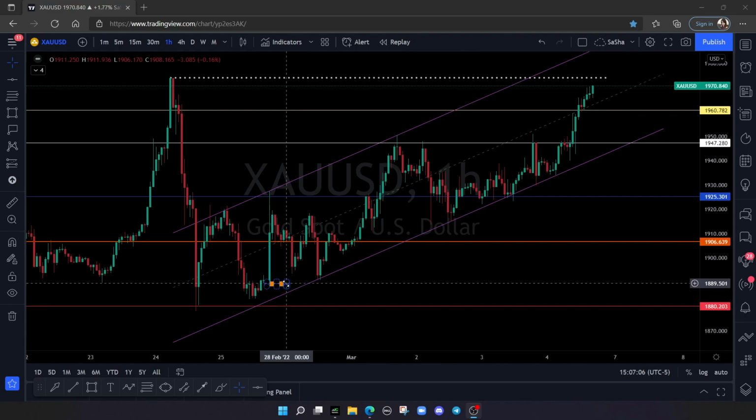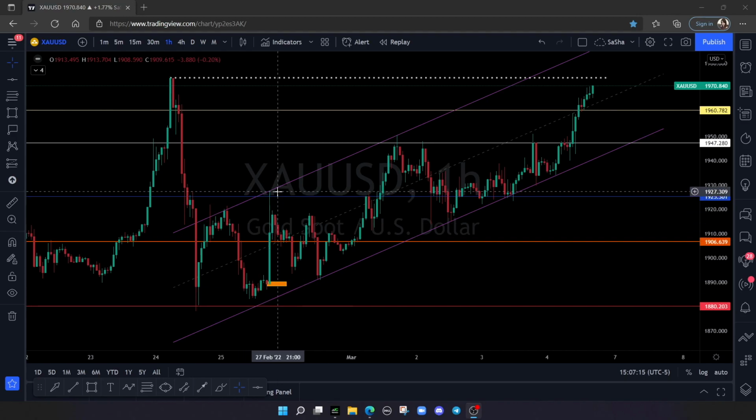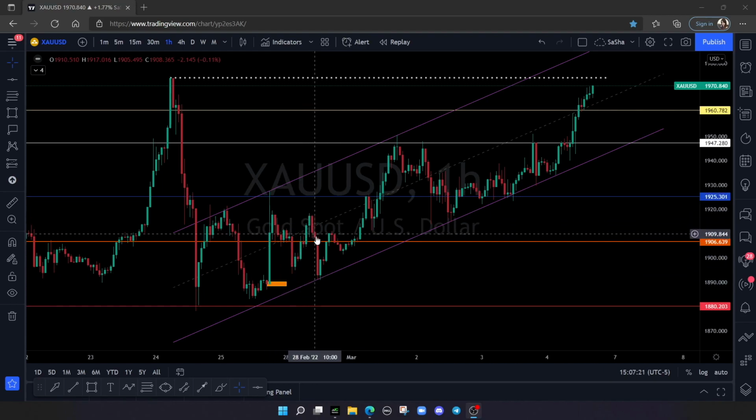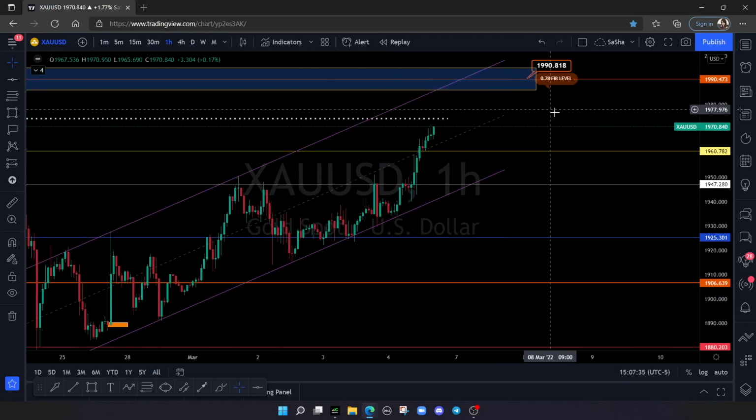We also have almost a 20 pip gap when price opened last Monday. It shot up all the way to the 1927 area and then came back down, left this area and continued coming down, but did not close below the 1991 area, whereas the gap is right here, the 88 level. This needs to be closed.